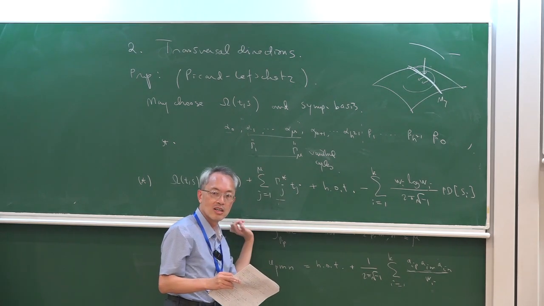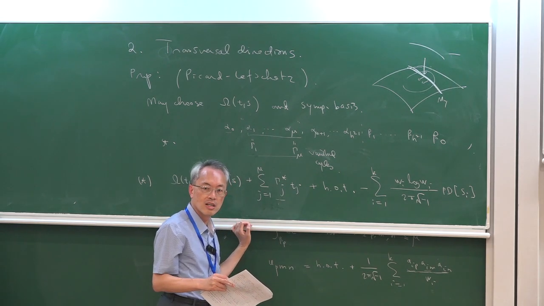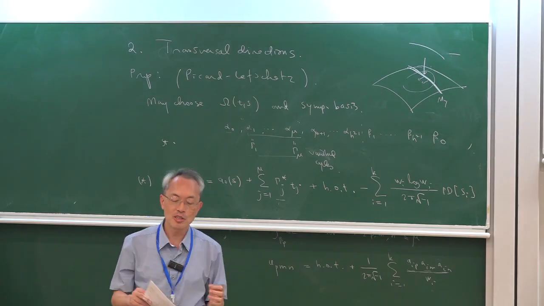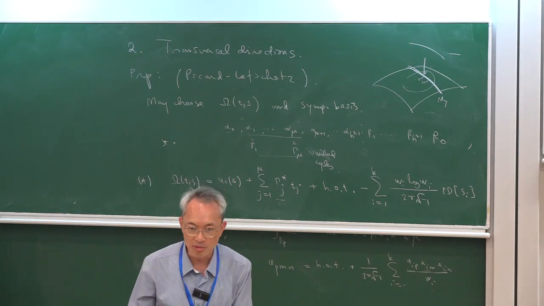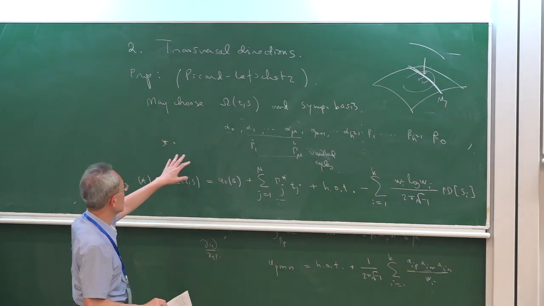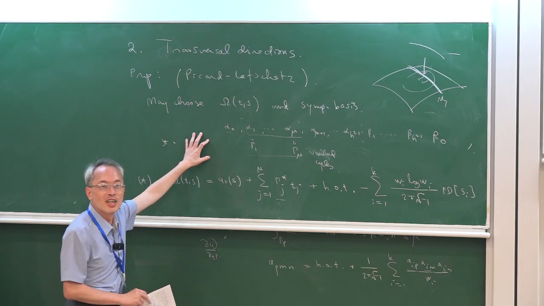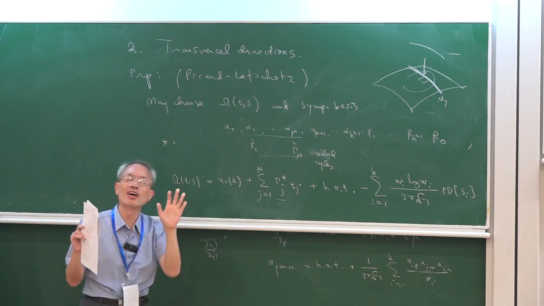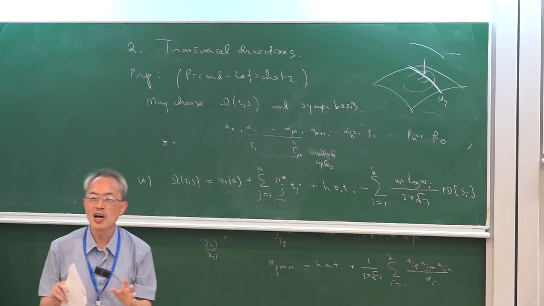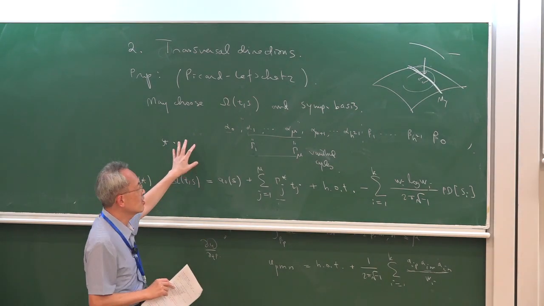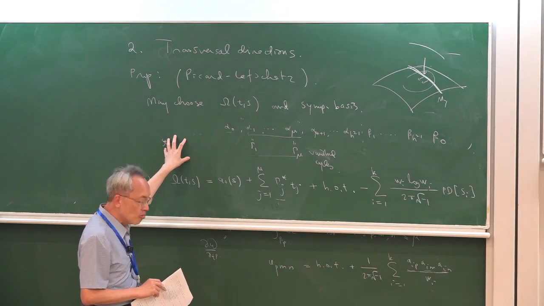For the vanishing cycle, I think it's probably related to what you said, the Picard-Lefschetz theory. So in standard Picard-Lefschetz theory, the vanishing cycle appears together with the dual cycle. That depends on whether you use homology cycle or cohomology cycle. So what I wrote here is really homology. Let's check. Sorry, I guess I'm actually using the homology cycle.